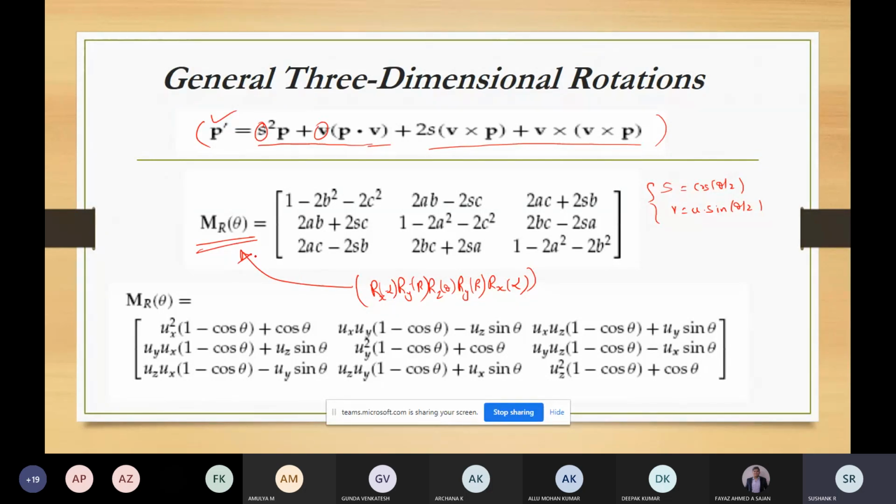This MR of theta is nothing but the transformation multiplication matrix, which is given by this term: 1 minus 2b square minus 2c square, 2ab, minus 2ac, and so on.